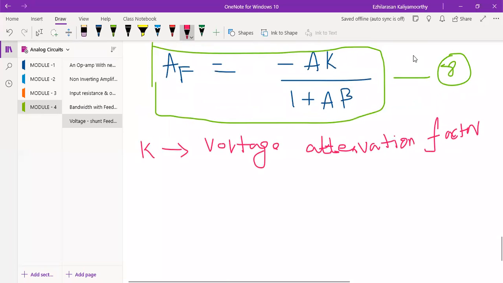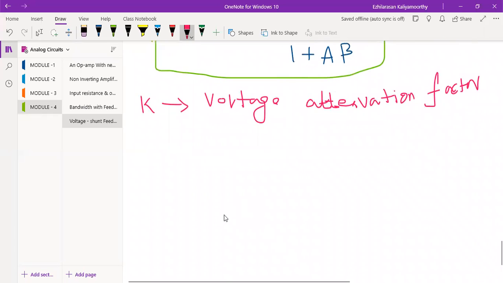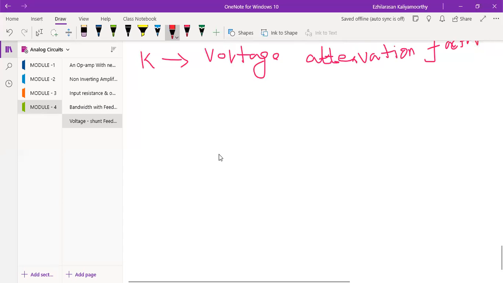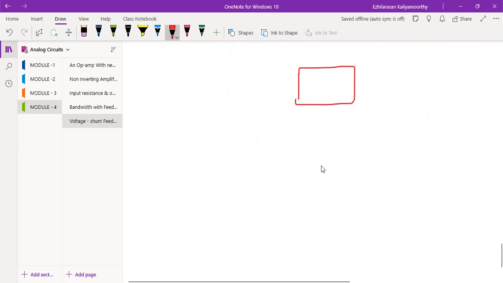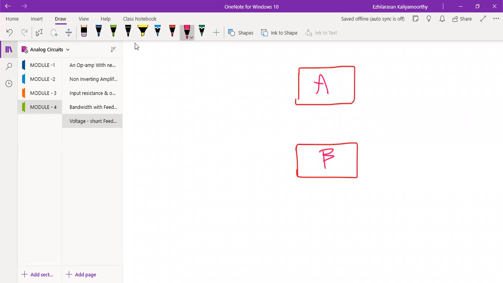Now let us see how this figure will come. Let us draw the figure now, in the simplest way. First we have the A, and this is your beta. Now here we will have the summer.